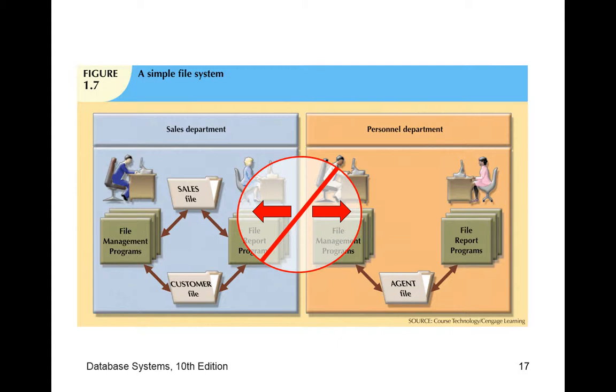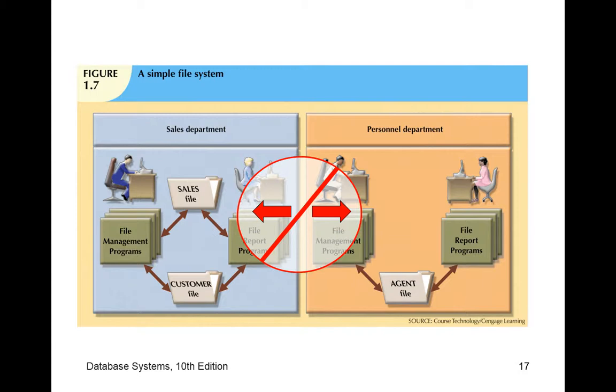All right, this is just a picture that they had in the book with a little artwork by yours truly. They're showing that here we have a sales file and a customer file, and here we have an agent file. And if things aren't put together, this is the example of a simple file system.